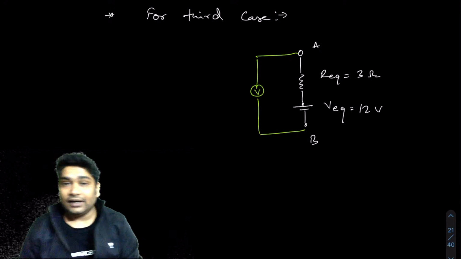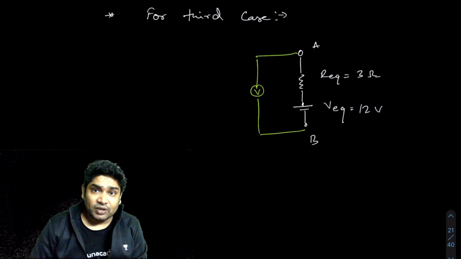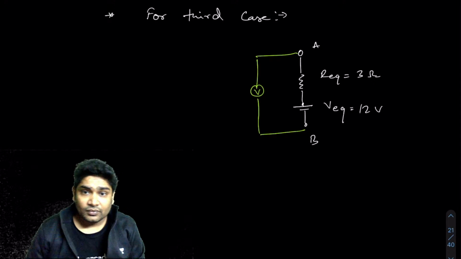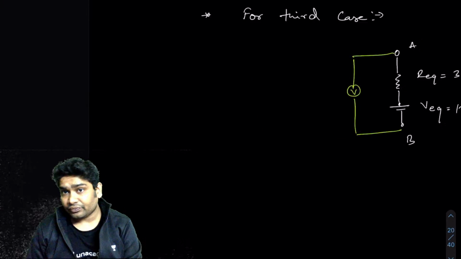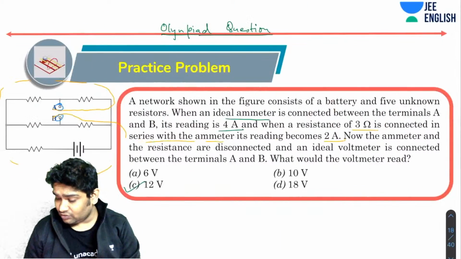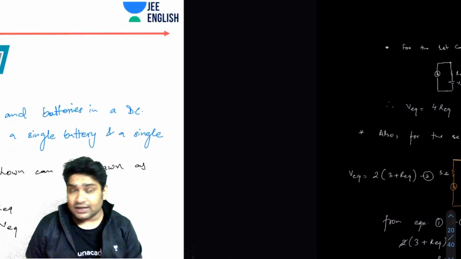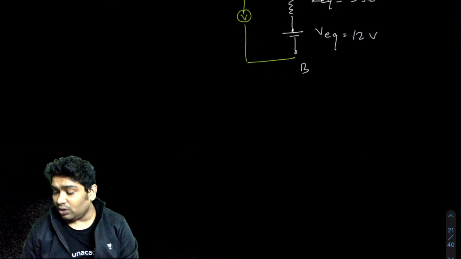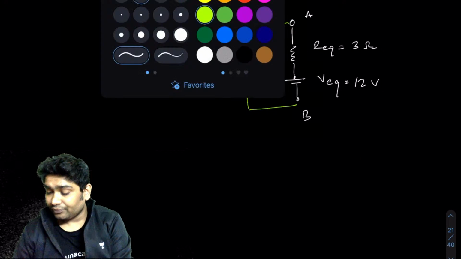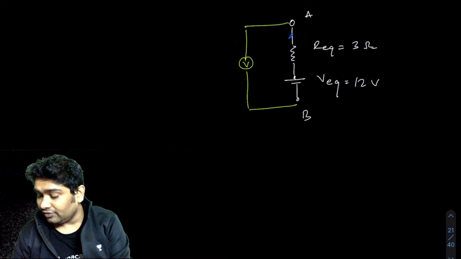So what will that read? That will simply read the potential difference of the battery. Okay, got it? Yes, that was what was given. An ideal voltmeter. Please note that the voltmeter is ideal. So since the voltmeter is ideal, you will realize there will be no current in the circuit. Okay, you will realize I would be 0.